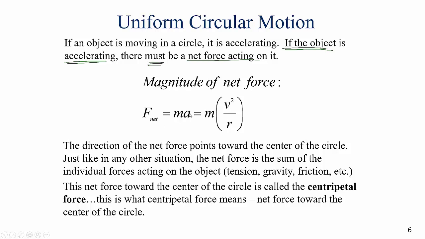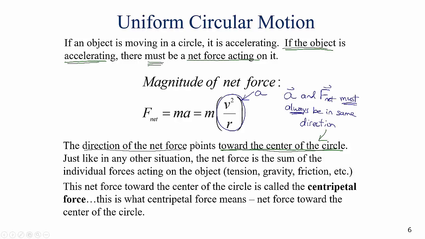For uniform circular motion, the acceleration is v squared over r. And so when we go to calculate the net force from F equals ma, we substitute in the acceleration is v squared over r. The direction of the net force and the direction of the acceleration must always be in the same direction. It's the net force that causes the acceleration.